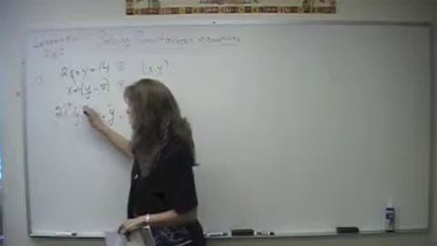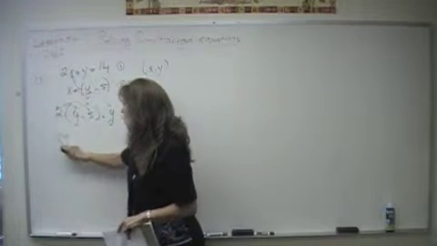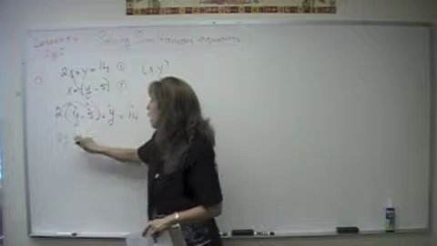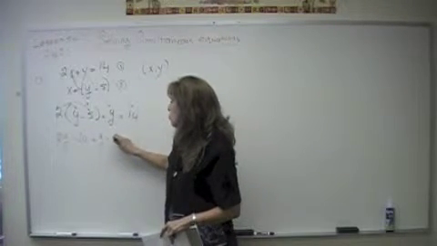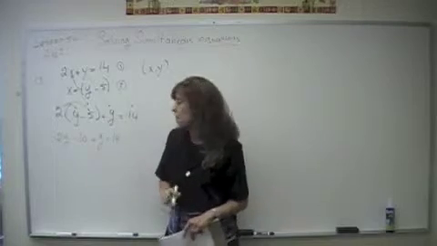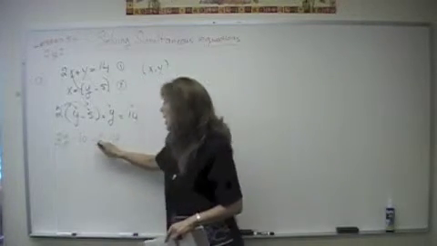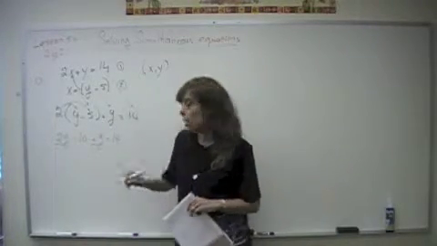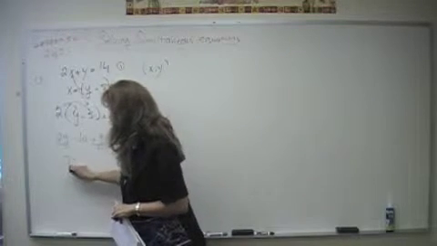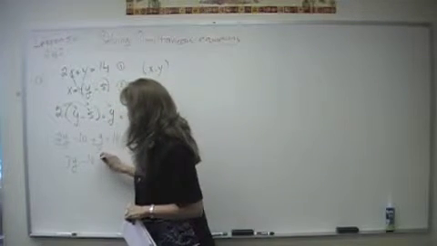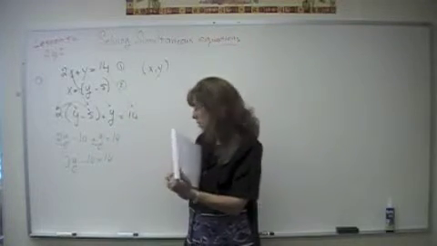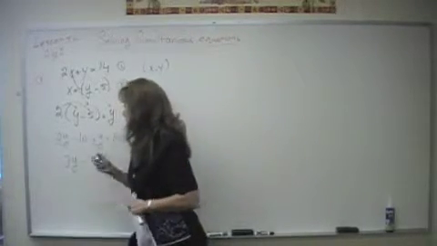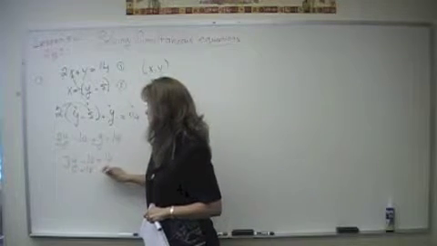Expand. 2y minus 2 times 5 is 10 plus y equals 14. 2y and y is 3y. Minus 10 equals 14. Add 10 to both sides, or move the 10 to the other side.